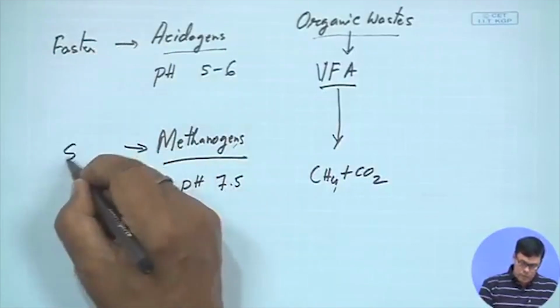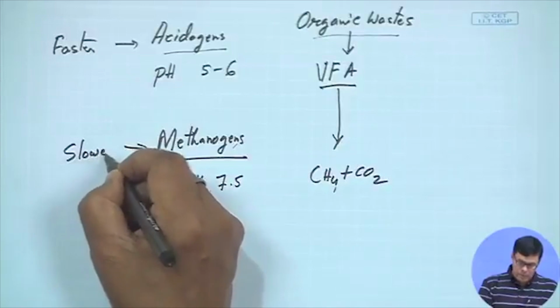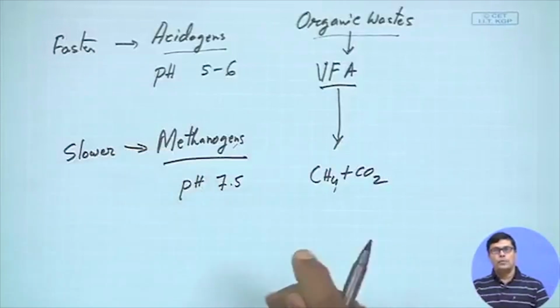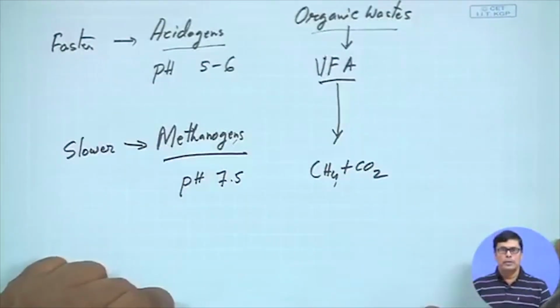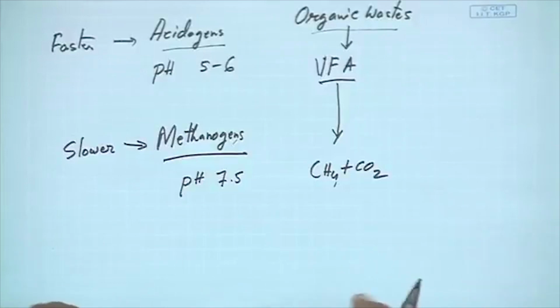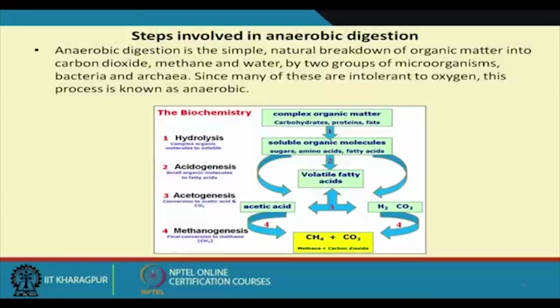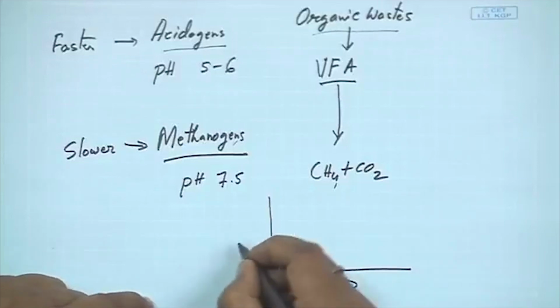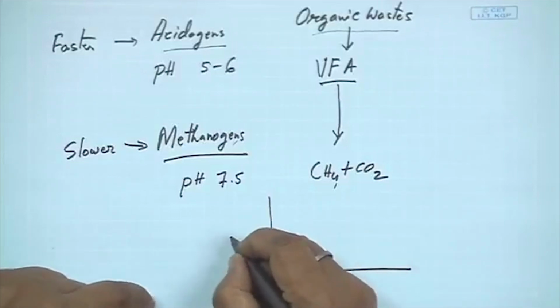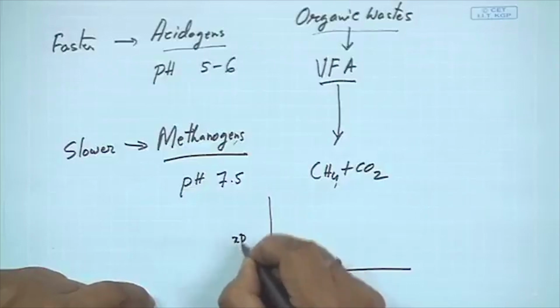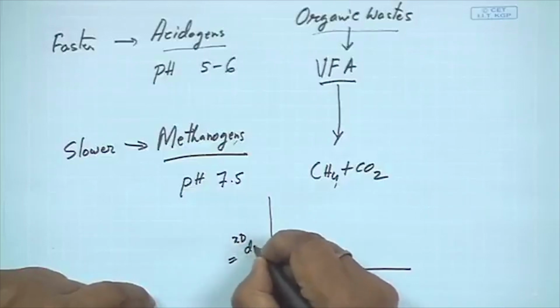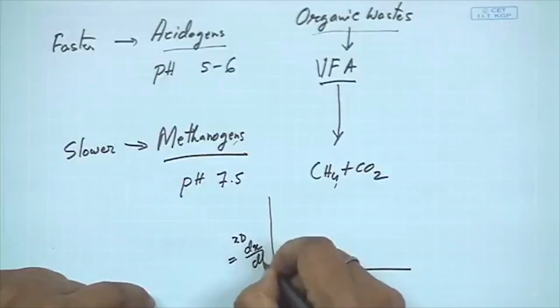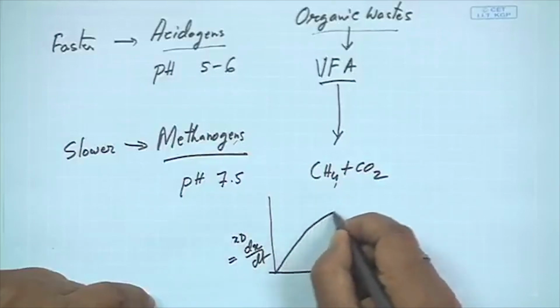You know I showed you before, when we did the reactor analysis, how the dilution rate affects things: x into D. X into D is nothing but dx by dt, the rate of growth of the cells. It is like this.